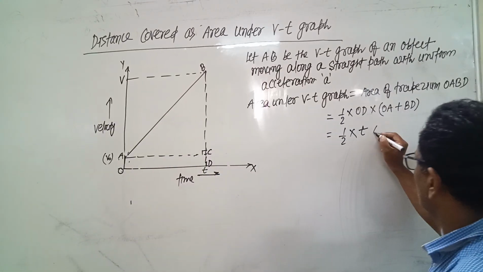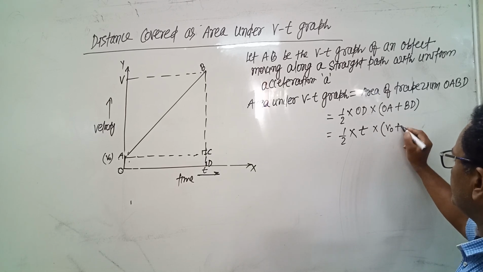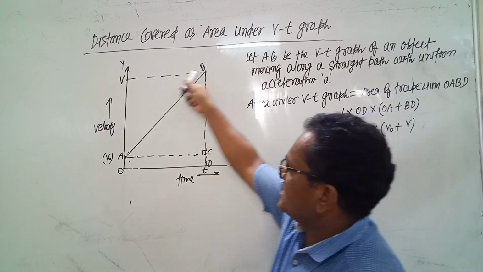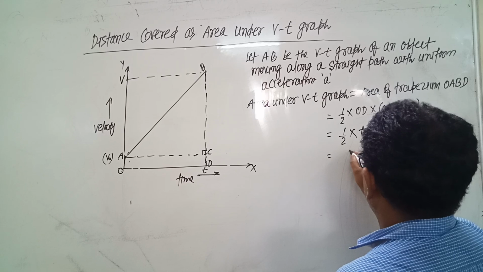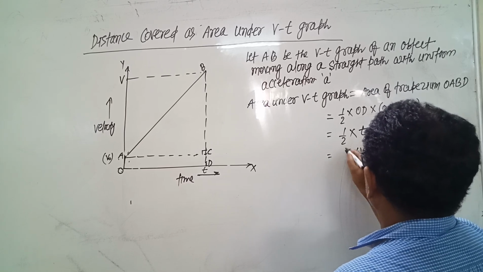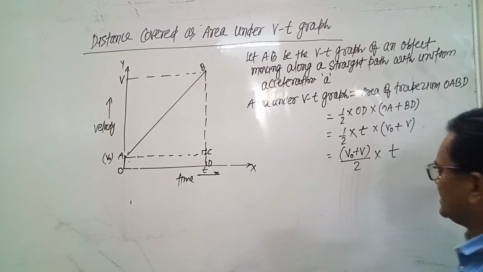Half into OA, which can be written as v naught, and BD, which is v, the final velocity. So this can also be written as v naught plus v by 2 into time t.